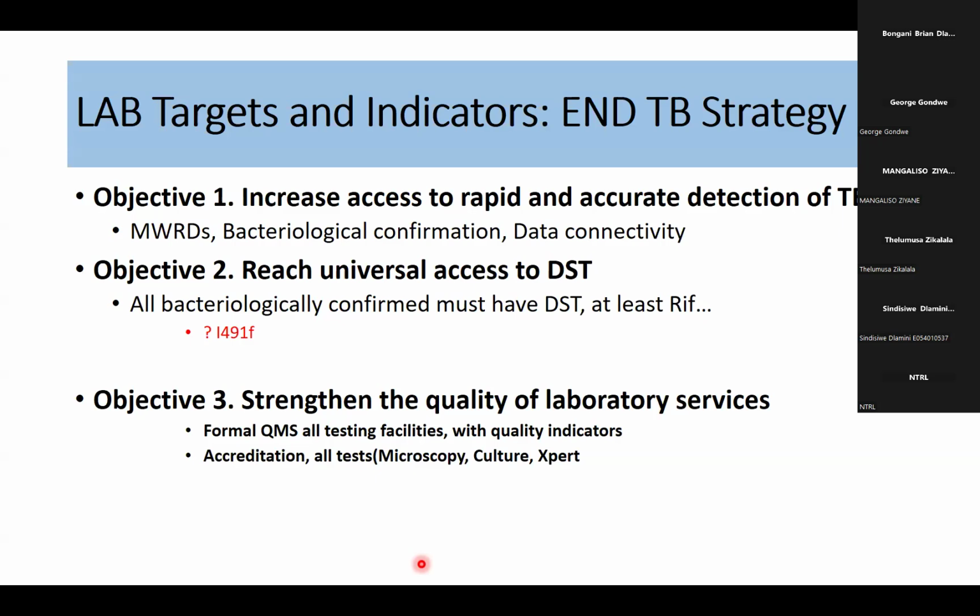That is key in terms of saying all facilities must have a formal QMS, and we must strive to have them accredited in all the tests, be it GeneXpert, microscopy, or culture. So these are the main lab targets and indicators. We have around 11 indicators, but we focus mainly on the 3 objectives. Just to summarize again, we want rapid and accurate diagnostics, universal access to DST, and remember the issue of I491F, and to strengthen lab services.